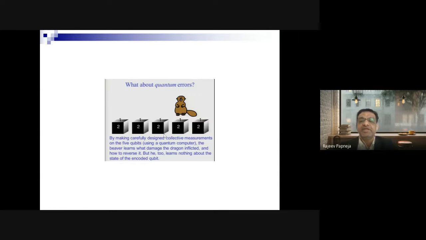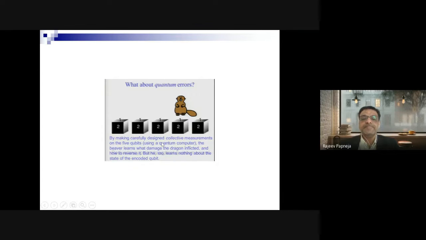So we can have the beaver come along and check those multi-qubit correlations to see if they have been damaged, and reverse the damage without the beaver ever finding out what the actual encoded state is either, and the information can be recovered in its original form. That's what we call quantum error correction.